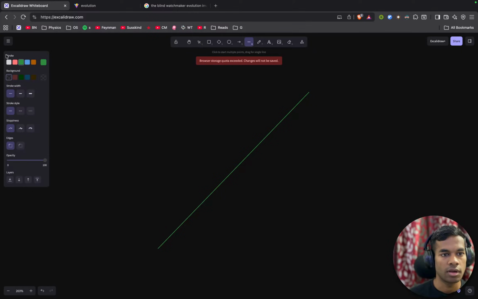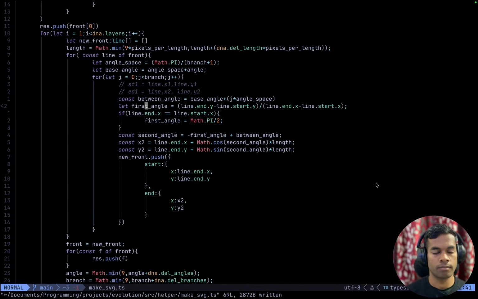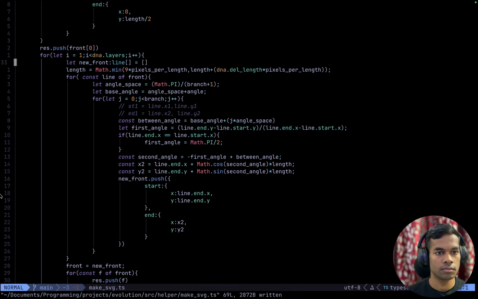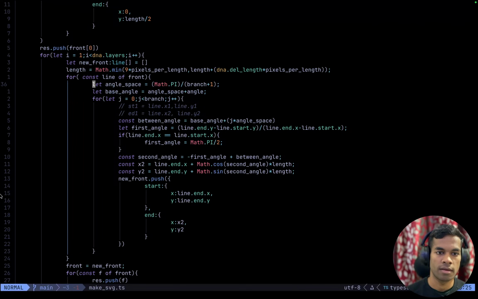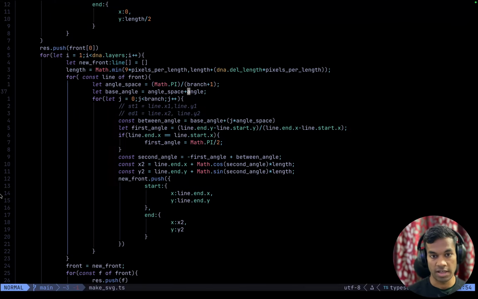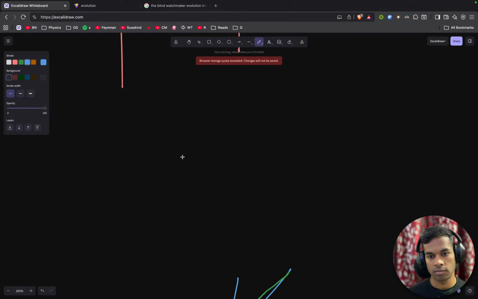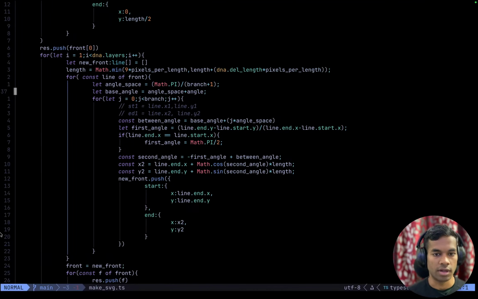We have one line like this and another line like this, and we know this angle, right? Yeah, this is not very good. Length is updated correctly. Base angle is okay. Angle space, the angle between the branches, this is also correct. And base angle is this angle that this new line is going to have with the end of the previous branch.